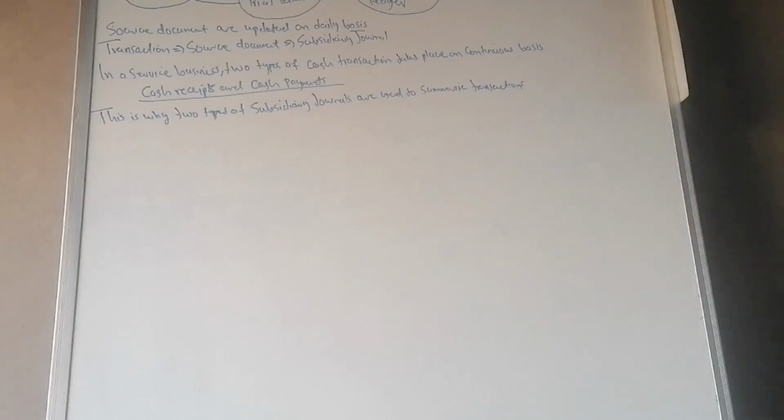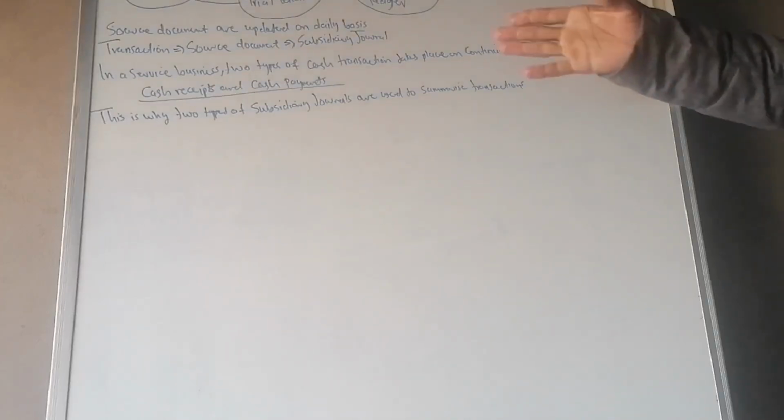Why? Because in a service business, there are two types of transactions. Cash receipt, transaction iya cash. Cash payment, transaction iya opatala cash. So we receive the cash and then re patala cash.